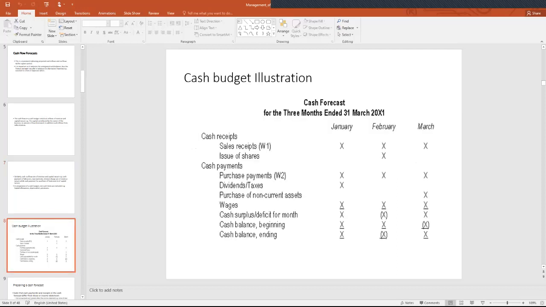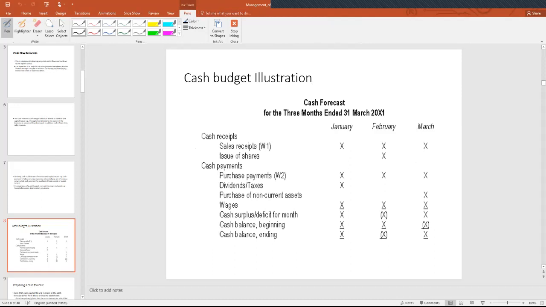Okay, so generally, this can be just an example of how you prepare the cash flow forecast. So here, as I mentioned, you recognize all the cash inflow, all of them, whether from revenue source or from capital source.